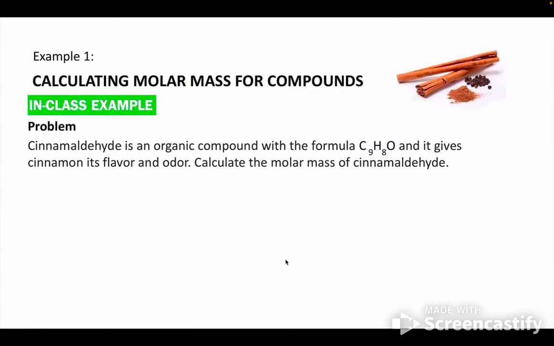So, for example, cinnamonaldehyde is a compound found in cinnamon, and it gives us the flavor and the odor, and we can calculate the molar mass. The difference here is that we have more than one element, and we can interpret these as moles.